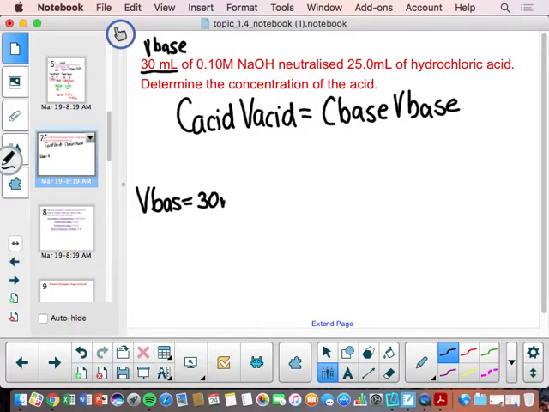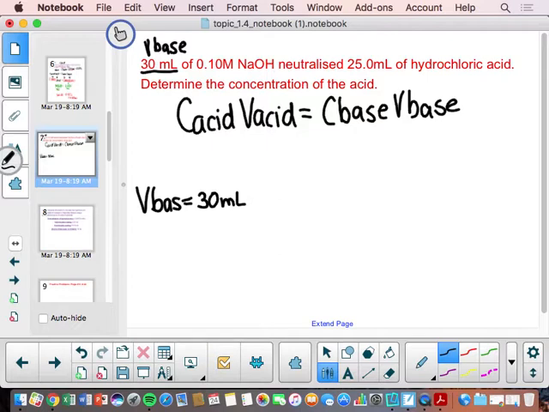30 mils. The next piece says 0.10 big M of NaOH. Nevis, is that a volume or a concentration? 0.10 big M. Yes.